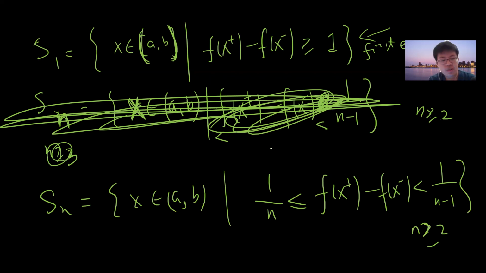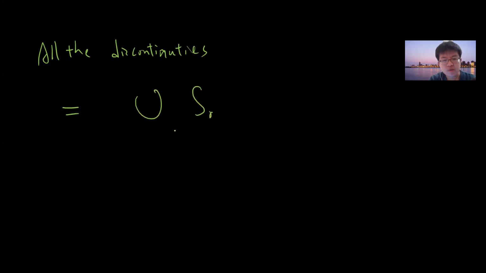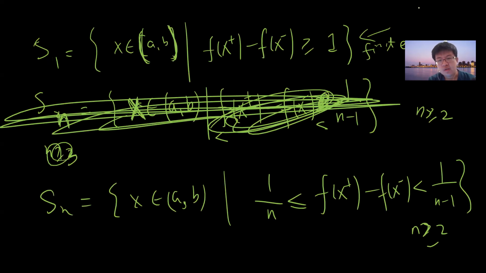Obviously all the discontinuities are just the union of Sn from 1 to infinity, because the jumps greater than 1 I already get, the jumps less than 1 and greater or equal to 1/2, then 1/3, then 1/4, I get as well.